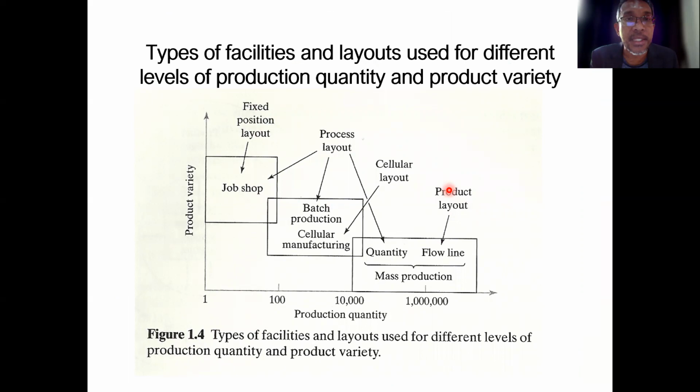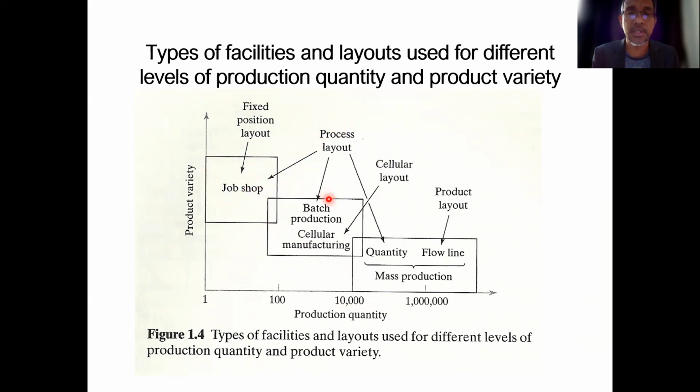I used to explain this one. There is an inverse correlation between product variety and product quantities. From this graph, this layout, you can see that for low production we use a job shop. We also call it a fixed position layout. And we can also use a process layout here.